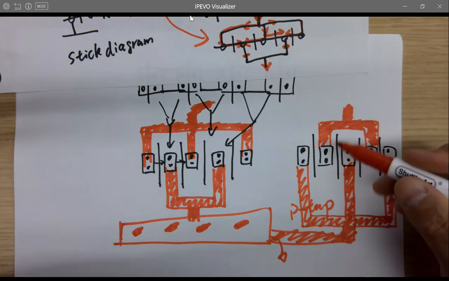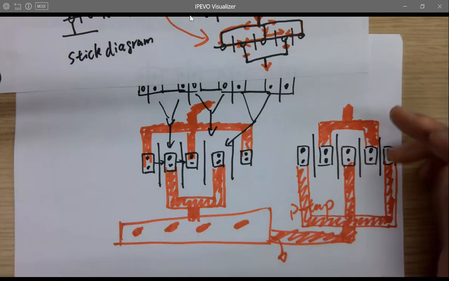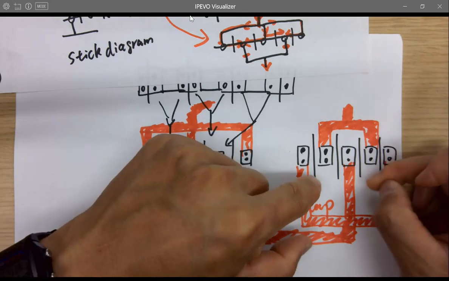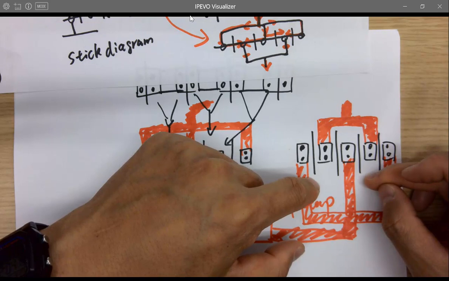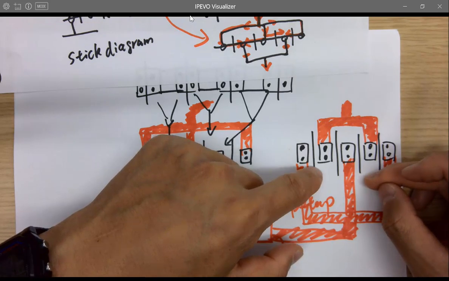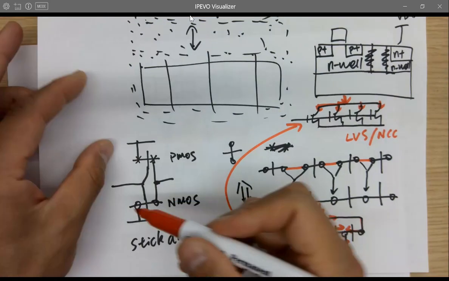I couldn't actually tell in this case, but sometimes you can tell. If you switch it, sometimes you cannot get the wires out easily. So that's how you use the stick diagrams to optimize it. You use different colors and markers when you draw it.